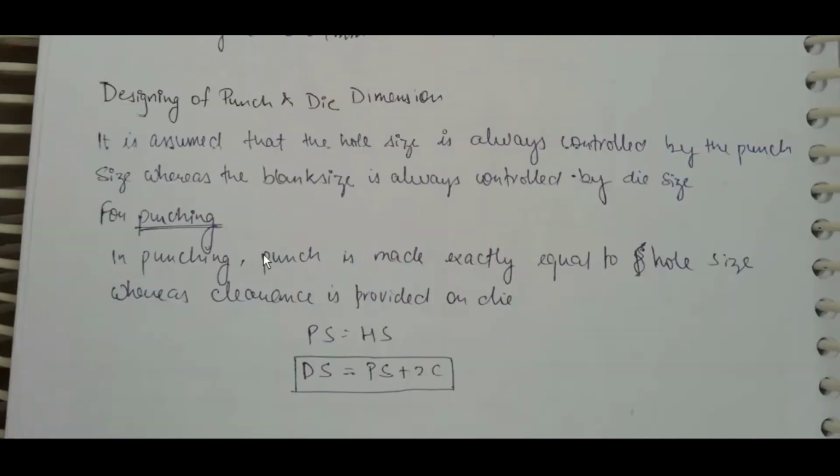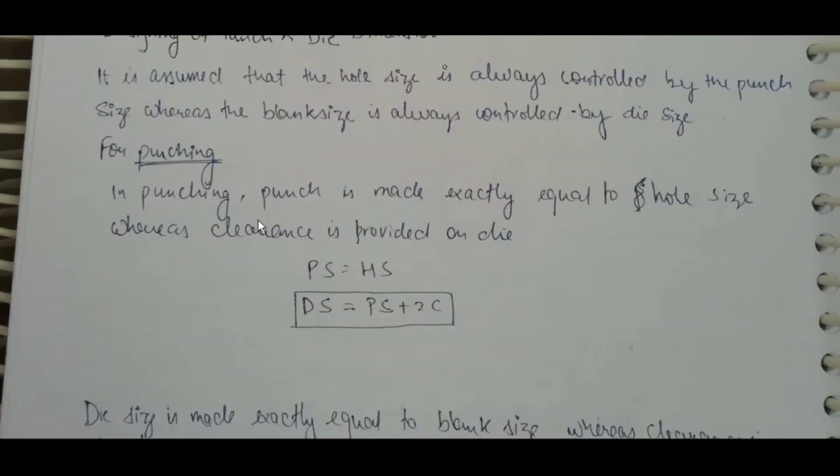Design of punch and die dimensions. It is assumed that hole size is always controlled by punch size, whereas blank size is controlled by die size. For punching, the punch is made exactly equal to hole size, whereas clearance is provided on the die.